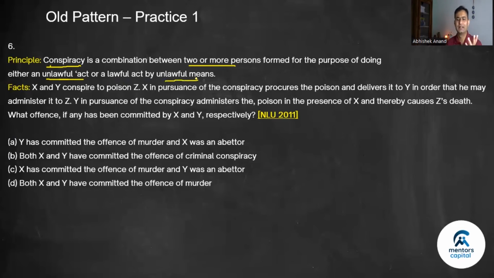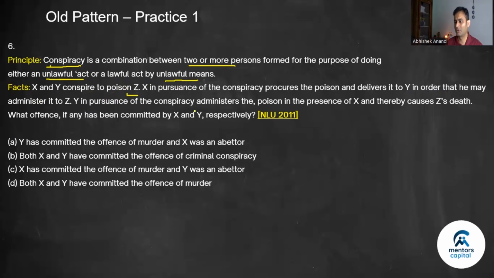So basically, it has to be a combination of two or more persons. Okay. X and Y conspire to poison Z. So poisoning someone is an unlawful act, and two people have combined. So it looks like conspiracy. X, in pursuance of the conspiracy, procures the poison and delivers it to Y in order that he may administer it to Z.